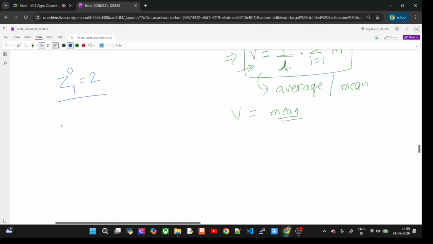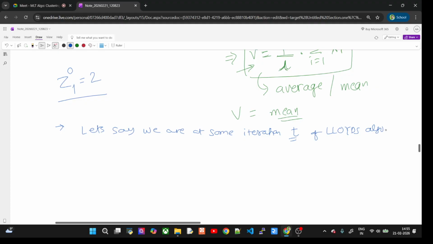So let's say we are at some iteration t of Lloyd's algorithm.